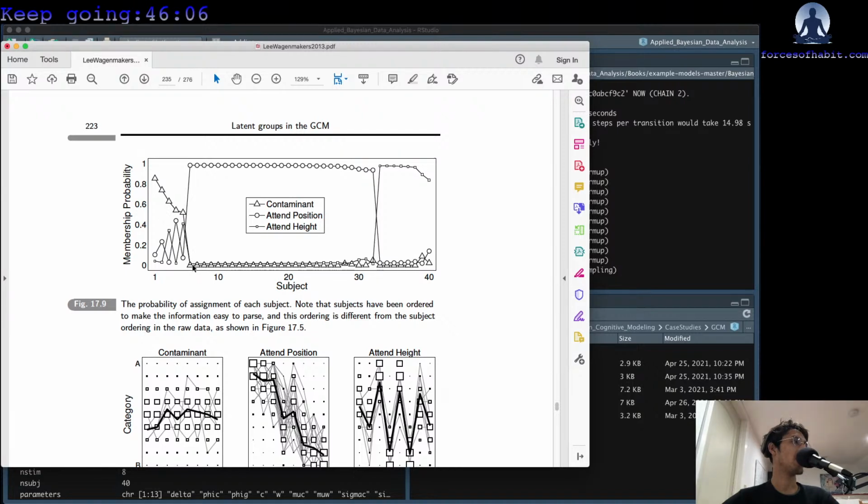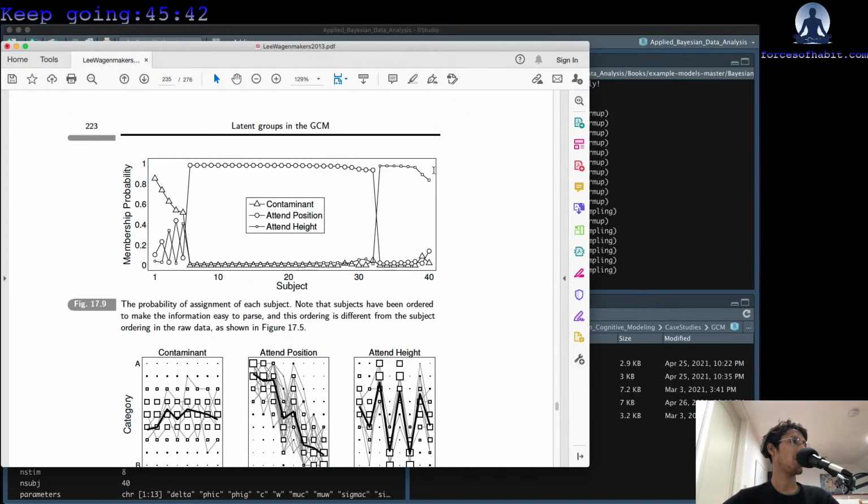On subject 6, the probability of being part of the second pool of subjects that attend to the position is high.